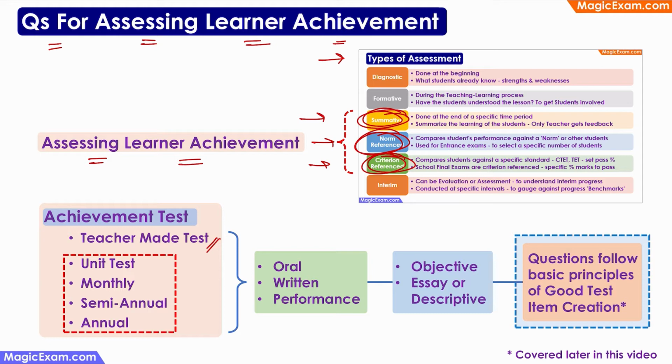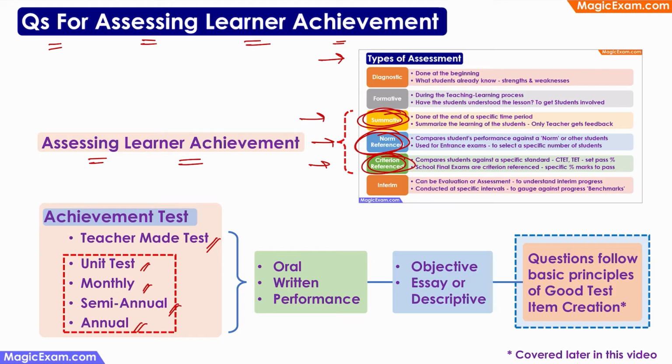Or these achievement tests can be standard tests, such as the unit test that comes after every chapter, or the monthly exam or the half-yearly exam or the annual exam, which is standardized, and all the children of that particular grade in that particular school will have the same question paper. So these are not made by the teacher for a specific classroom, but are more standardized across the entire school. In some cases, it can be for multiple schools as well.